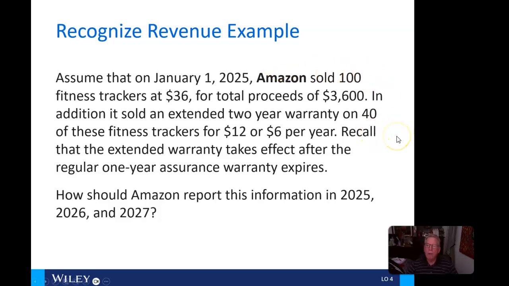So recall that the extended warranty takes effect after the regular 1-year assurance warranty expires. So how should Amazon report this information in 2025, 2026, and 2027?